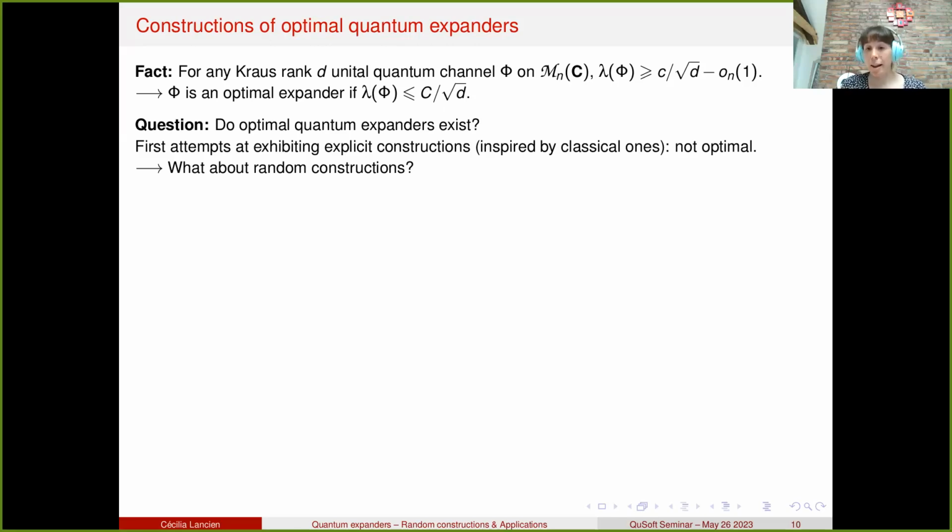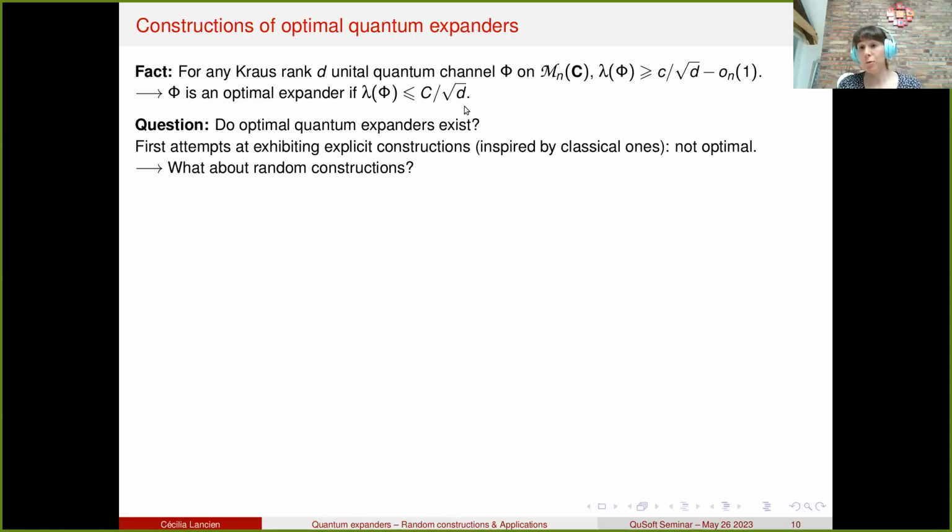The first attempts at constructing quantum expanders tried to exhibit explicit constructions by embedding the optimal classical expanders into a quantum channel. All these constructions were not optimal: you got channels with few Kraus operators and a large spectral gap, but not achieving this bound of order 1 over square root of d.